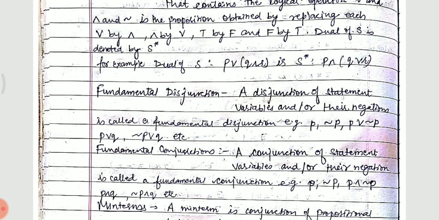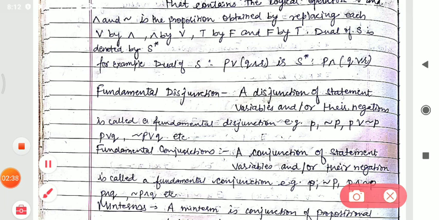A disjunction of statement variables and/or their negations is called a fundamental disjunction. Look at this. P, negation P, P or negation P, P or Q, negation P or Q, negation Q, P or negation Q, they are all fundamental disjunctions.